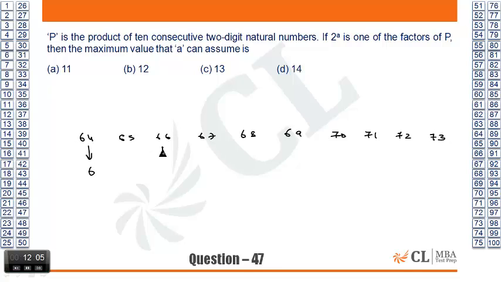This has got 6 powers of 2. This has got 1 power of 2. This has got 2 powers of 2. This has got 1 power of 2. This is 8, which has got 3 powers of 2. 6, 7, 8, 9, 10, 11, 12, 13. Can I get 14? I can't get 14. How will I get one more? I think 13. Okay, let's do it.